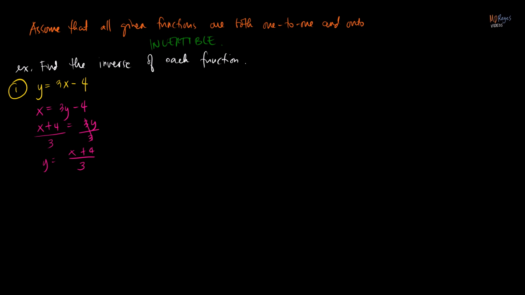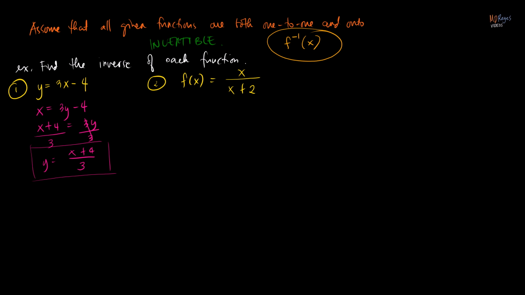Well, it depends on how the function was written. So the inverse can be denoted by f raised to negative 1. In our first example, we have just written the function as y equals 3x minus 4, so the inverse can be written in this way. This is our inverse.